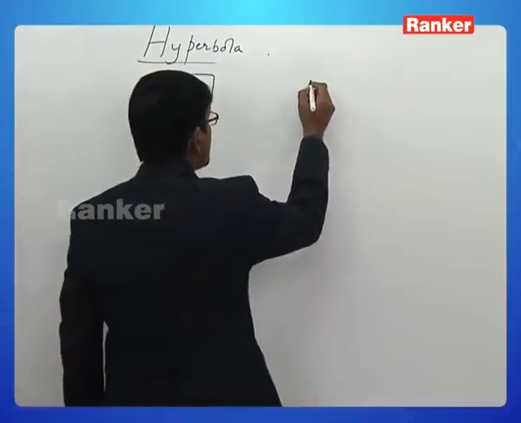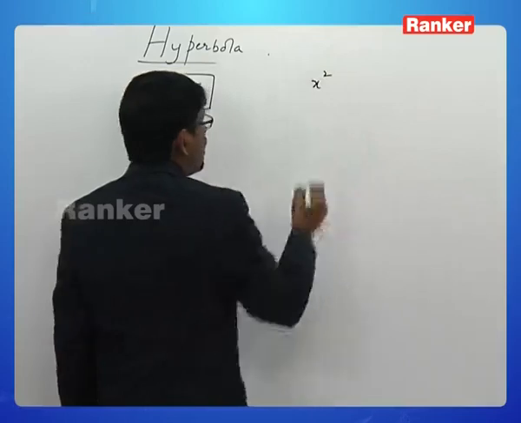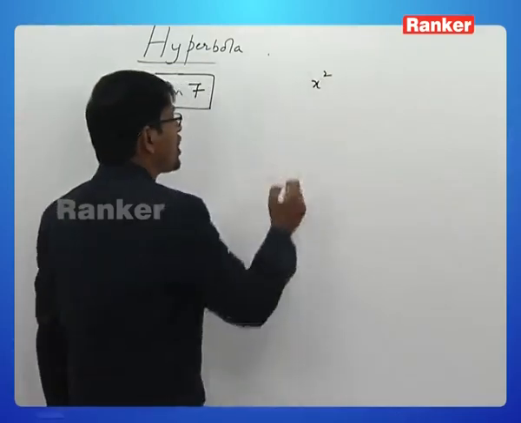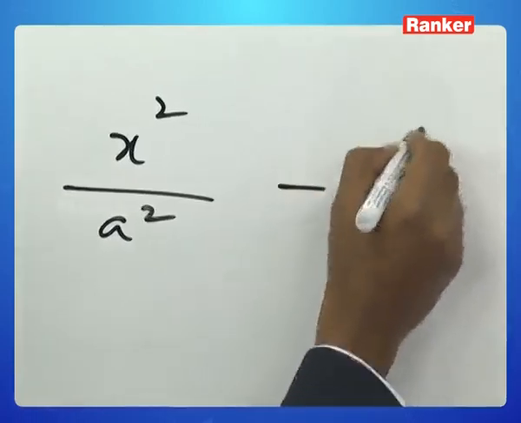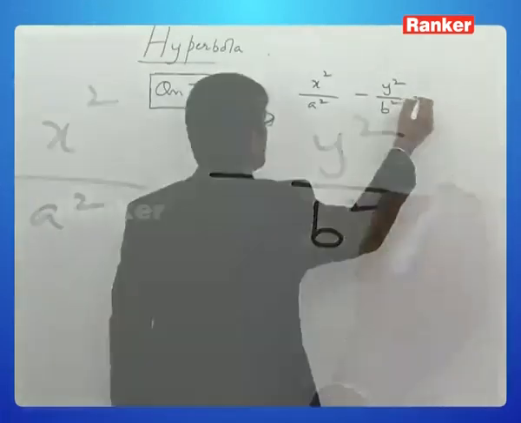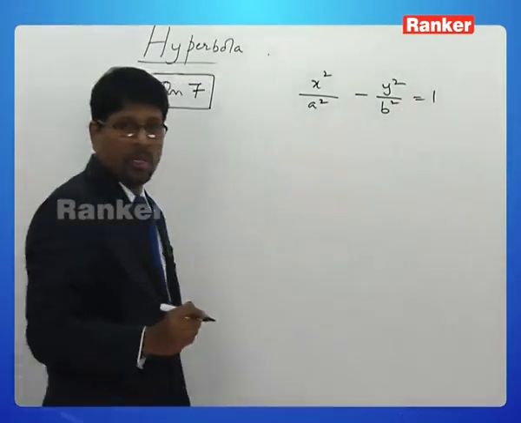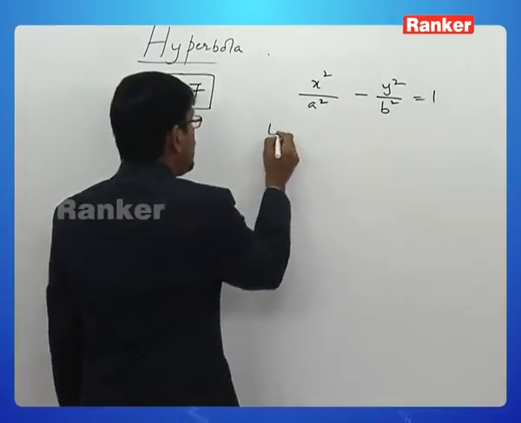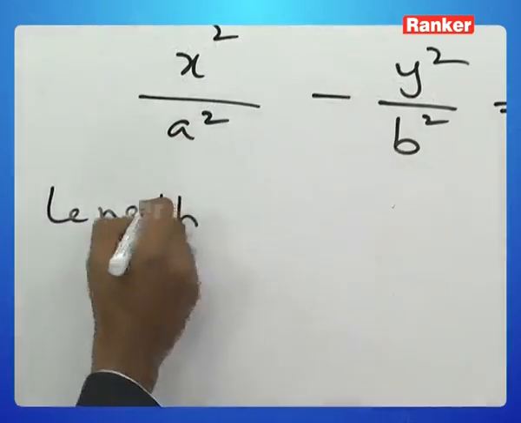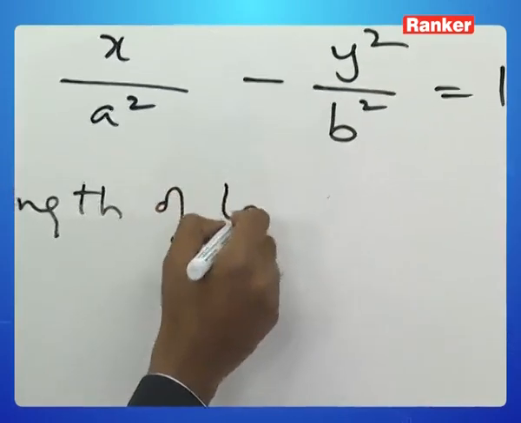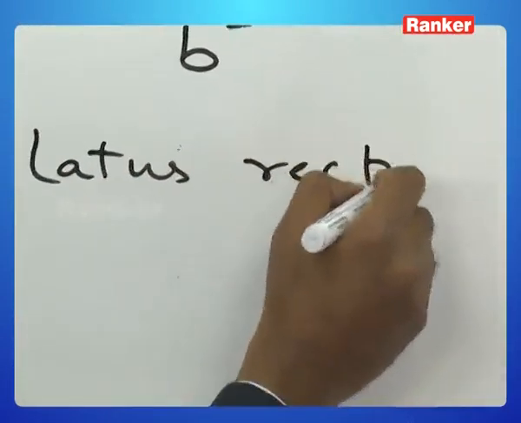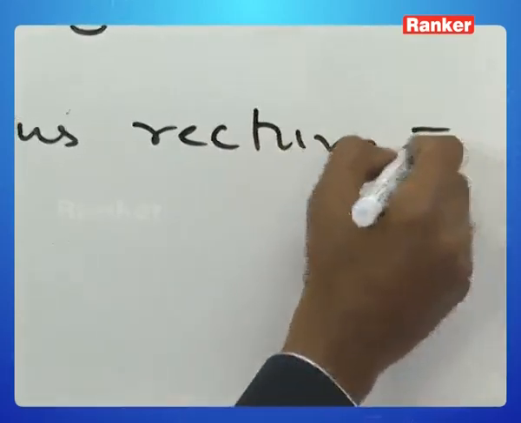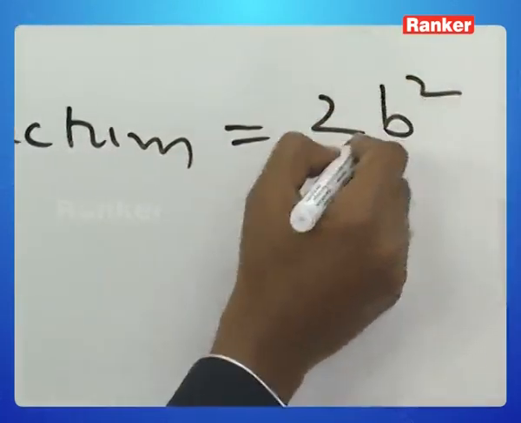Since the axes are the coordinate axes, we can take the equation of the hyperbola in the form x square by a square minus y square by b square is equal to 1. And we know that the length of the latus rectum for this hyperbola is 2b square by a.